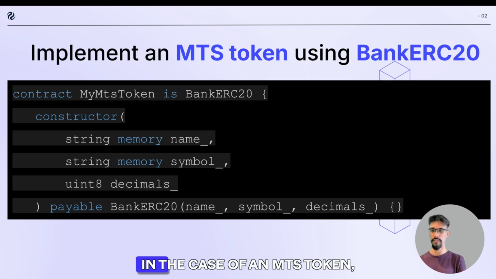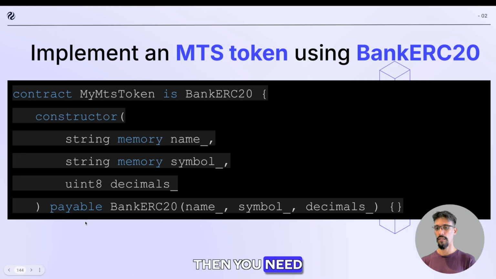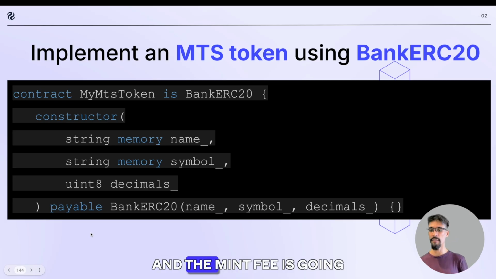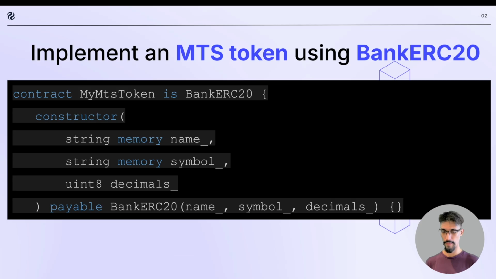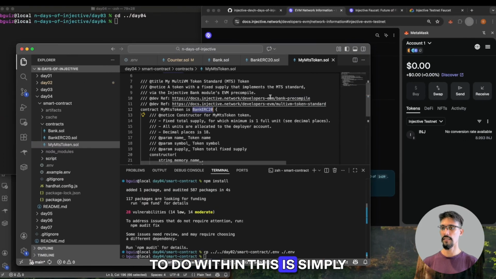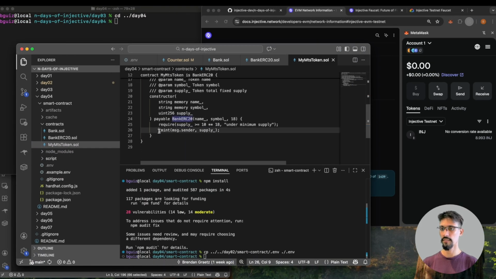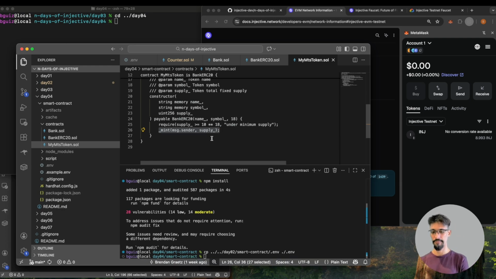In the case of an MTS token, where you are going to mint a token within the constructor, you need to pay the mint fee, and the mint fee is a hard-coded value of 1 INJ. That's the reason why you see payable over here. So what is left for us to do is simply to call the mint, and that gets us our token.